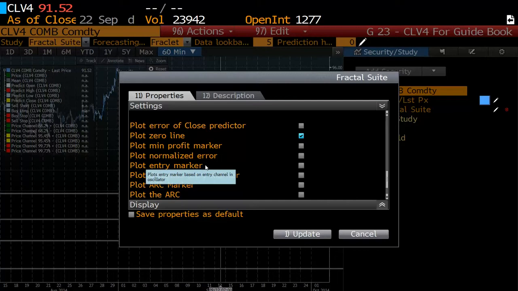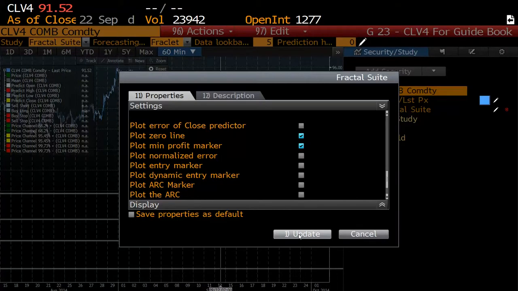Plot the entry marker. This is essentially the same as the entry channel, except this is normalized and converted into an oscillator. And then we have the plot dynamic entry marker, which we are going to save for the next video. So let's start with plot minimum profit marker.